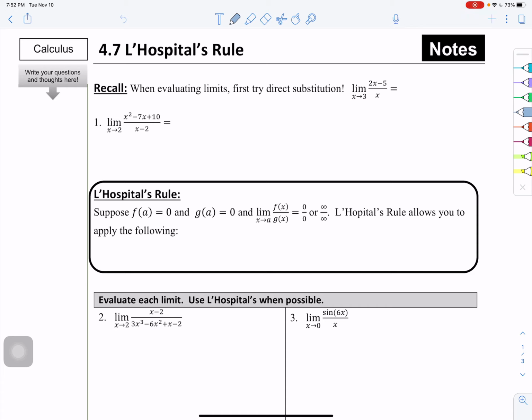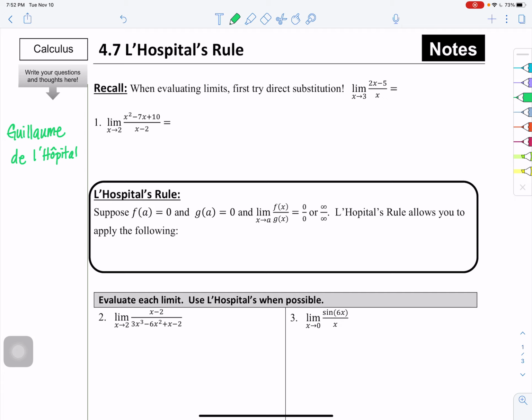Topic 4.7, L'Hopital's rule. I first want to mention, I'll put it over here in the notes, the mathematician that discovered this, and how it's spelled.